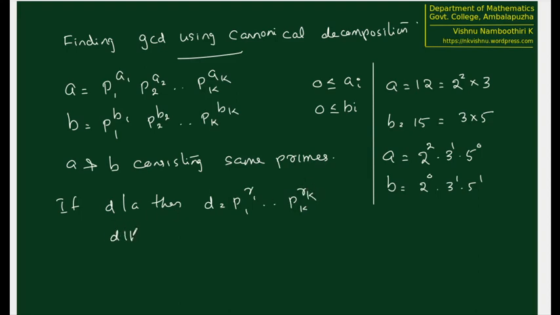If D divides B, similarly, because A and B have the same primes in their representation.